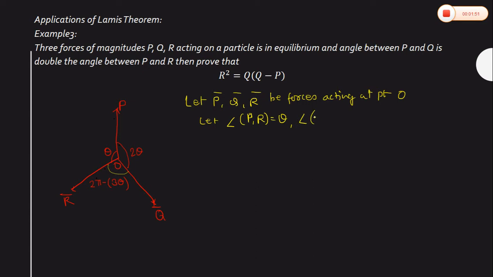Therefore, the angle between P and Q, according to the given condition, is 2 theta, and therefore the angle between R and Q is 2 pi minus 3 theta.